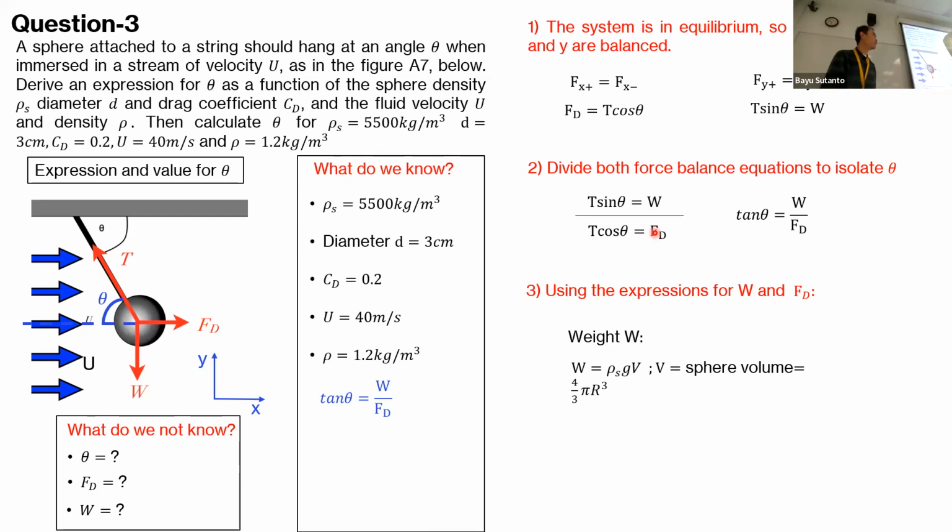Weight is mass multiplied by gravity. Mass of the sphere equals density multiplied by volume, and gravity is just g. The volume is 4 over 3 pi r cubed. So the weight of the sphere equals this. Please remember that we need to use the density of the sphere, not the density of the fluid, because this is the weight of the sphere.